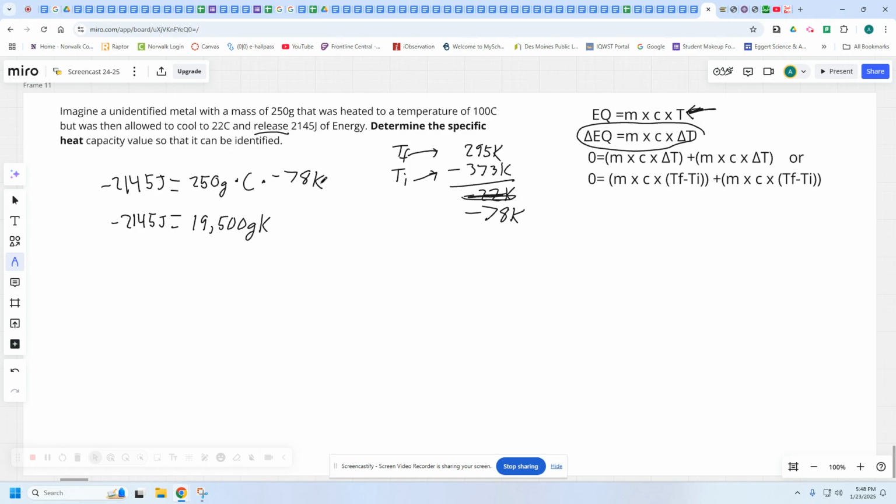And again, these units could be Celsius if you did the change in with Celsius. And then I'm going to bring down the C variable. Now in other classes you might have experienced solving for variables. When you've got a quantity like the 19,500 connected to the C variable through multiplication, most students will say to just simply divide that out, and that's what we're going to do.